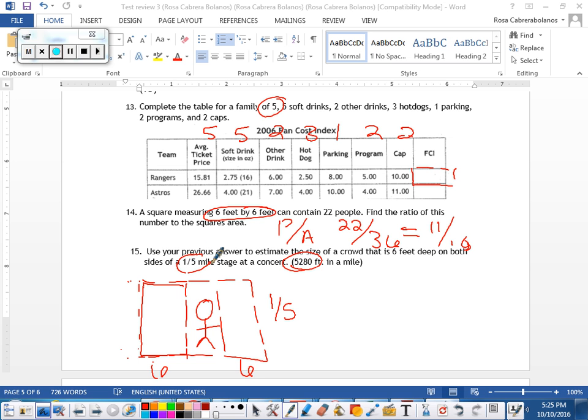You want to find 1/5 of a mile, so I gotta do 5,280 divided by 5 or times 1/5, which gives you 1,056 if I remember that correctly. So instead of putting 1/5 here, I'm gonna put 1,056 so I can find the area using feet, because this is in feet and this is in feet.